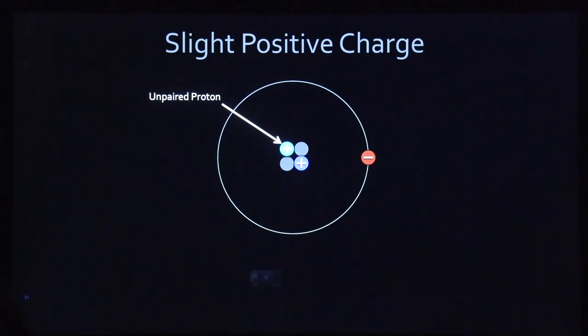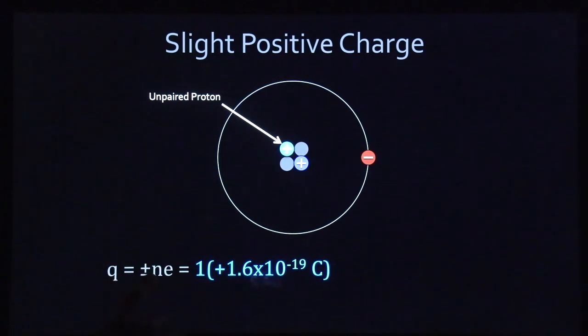So the charge on the object now, using this Q equals plus or minus Ne, I have one proton here, and each proton has plus 1.6 times 10 to the minus 19. Again, I have 2, but only one that's not balanced out. So that's all I care about when I'm finding the charge. When I multiply 1 times that positive number, well, I don't even need a calculator. I get the answer of this object having that amount of charge.